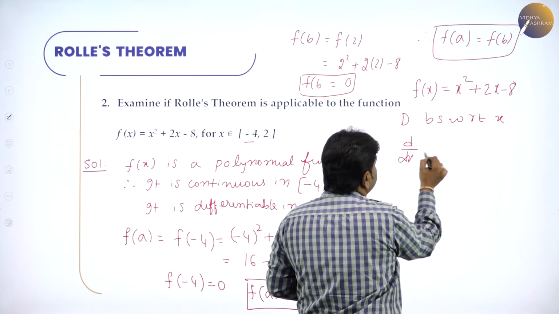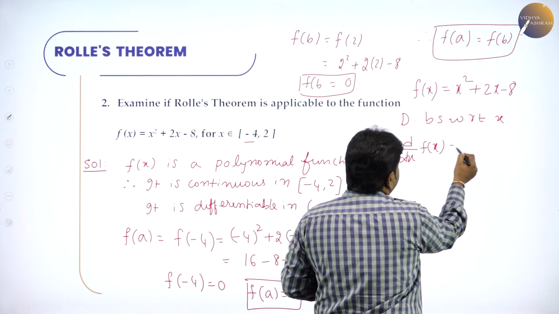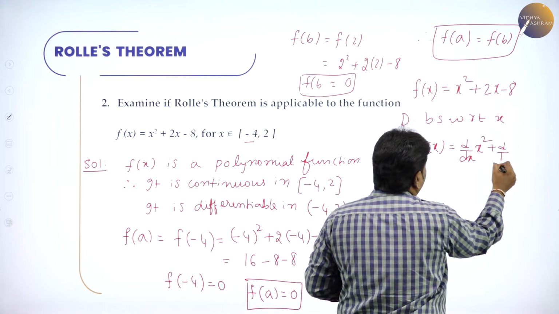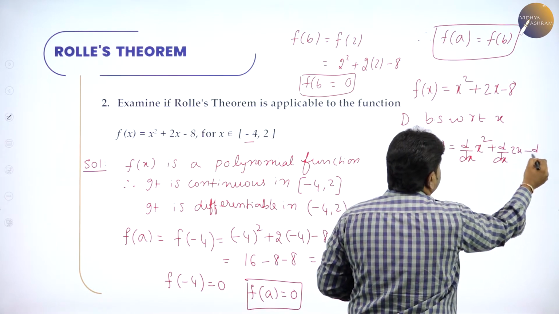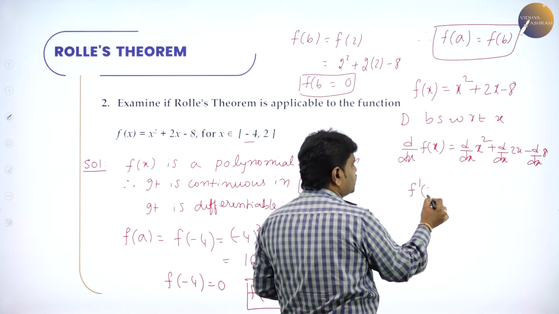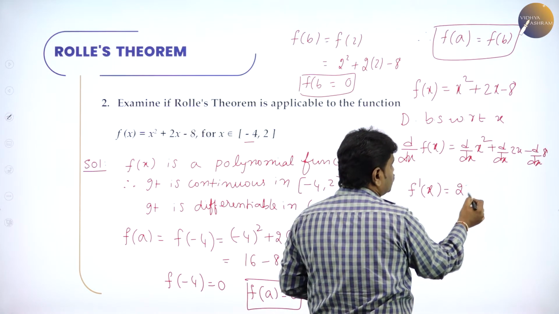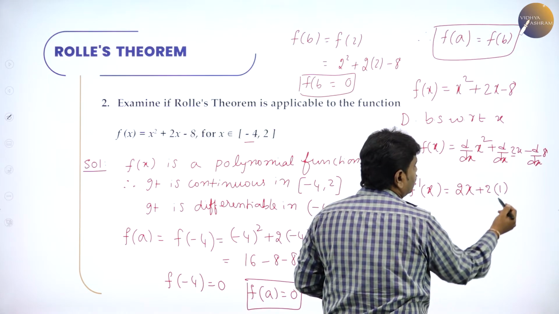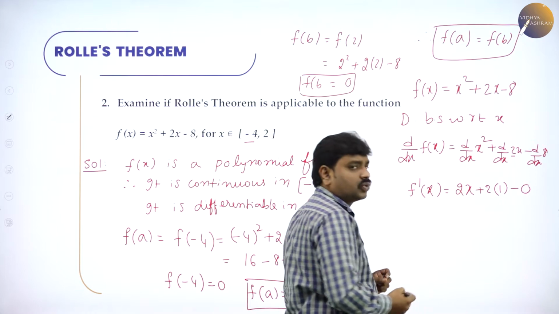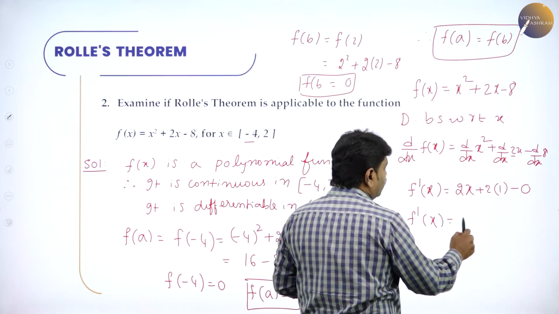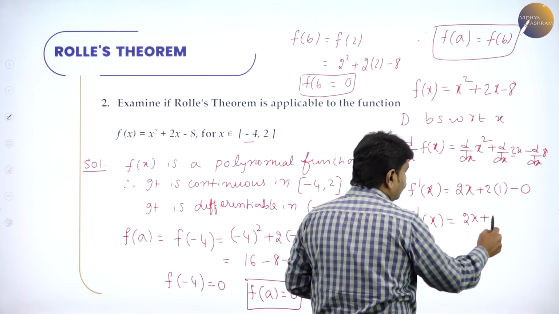LHS is d by dx of f of x, RHS is d by dx of x square plus d by dx of 2x minus d by dx of 8. So d by dx of f of x is f dash x, d by dx of x square is 2x, 2 is constant, take it out, derivative of x is 1, minus derivative of 8 is 0. So f dash x value is 2x plus 2.